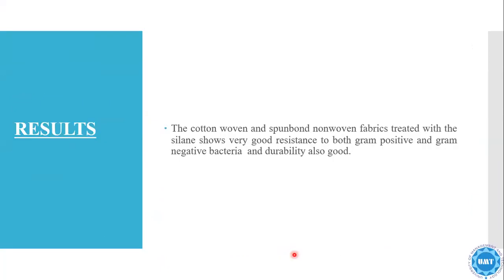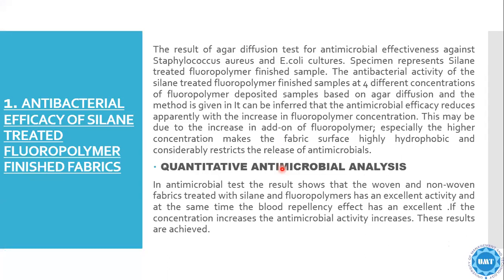Results. Cotton woven and the spunbonded non-woven fabric treated with this silane shows very good resistance to both gram-positive and gram-negative bacteria, and durability is also very good. So, the result of the agar diffusion test for antimicrobial effectiveness against the E. coli culture. The specimen represents silane and fluoropolymer finished samples.